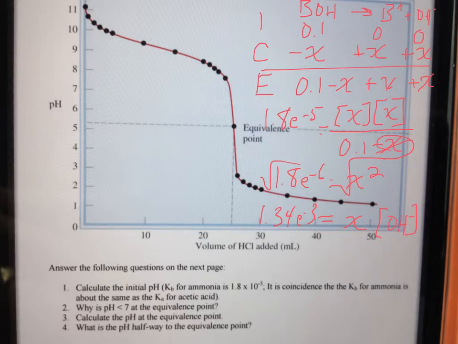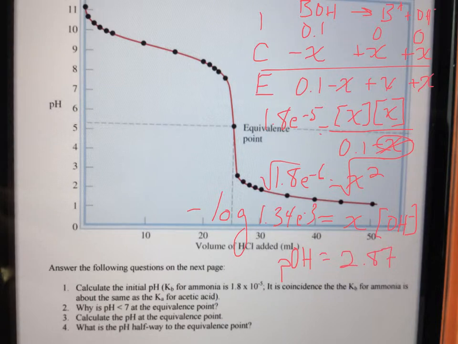If we want to come up with the initial pH, we can solve for pOH. So we do the negative log of this value, and pOH comes out to be 2.87.